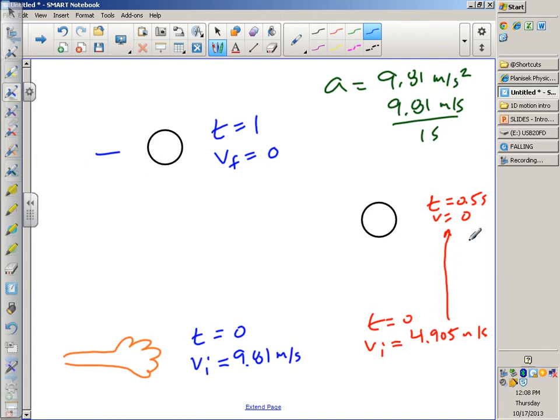What's gravity going to start doing to it now? Pulling it down this way. And it will speed it up by the same amount that it slowed it down on the up trip. Does that make sense? That's a little bit later on, but it's definitely a good intro. Okay. Good there.